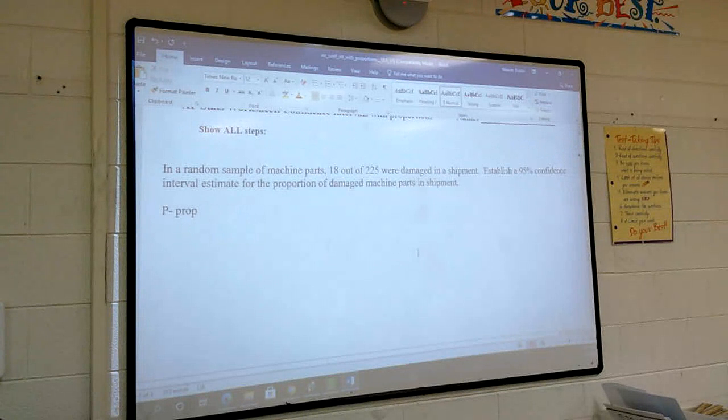It is the proportion of damaged machine parts in a shipment, right? And we have P hat, which you would make with the sign, and that is 18 out of 225.